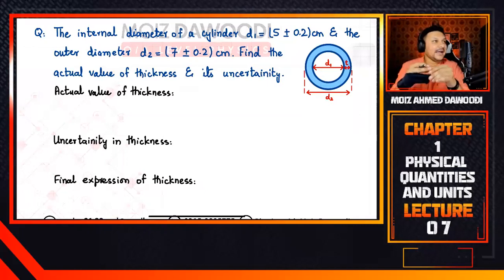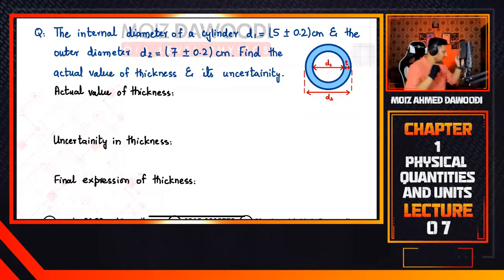The internal diameter of the cylinder is D1. So I may have a cylinder.